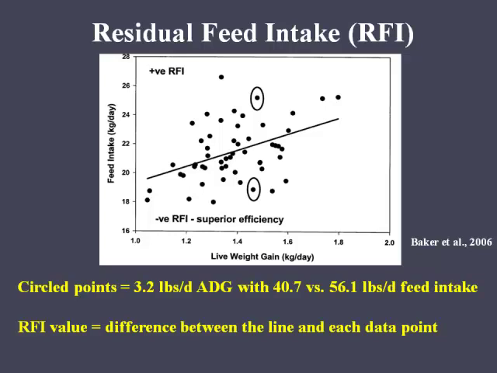You'll see on the x-axis here live weight gain, in kilograms per day, and I'll also show pounds per day in a moment. On the y-axis, feed intake. Each spot on the figure represents an animal, and here at this end of the figure, in the circle, are the animals that would be efficient in terms of gross feed efficiency or feed to gain ratio.